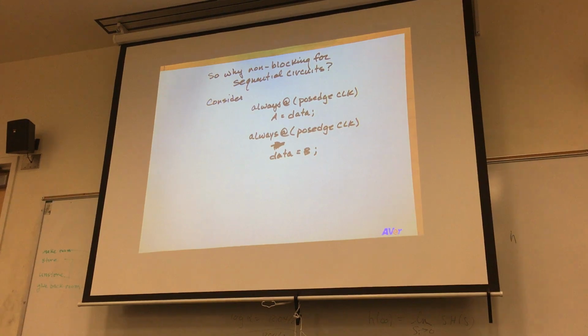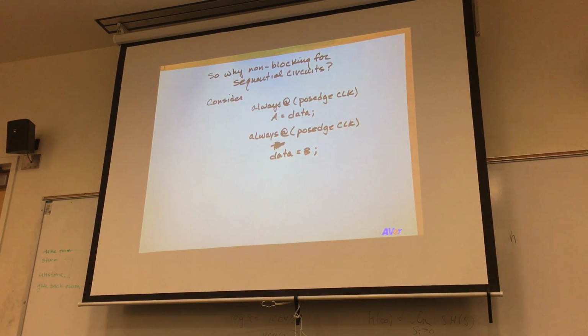Now, those loops are both triggered on the same event, the positive edge of the clock. In the first one, I'm going to set A equal to data, and in the second one, I set data equal to a variable B. What I mean by the semantics here is this obviously, if you look at the final result you get, this obviously is going to depend on which one of those executed first. Order would be important.